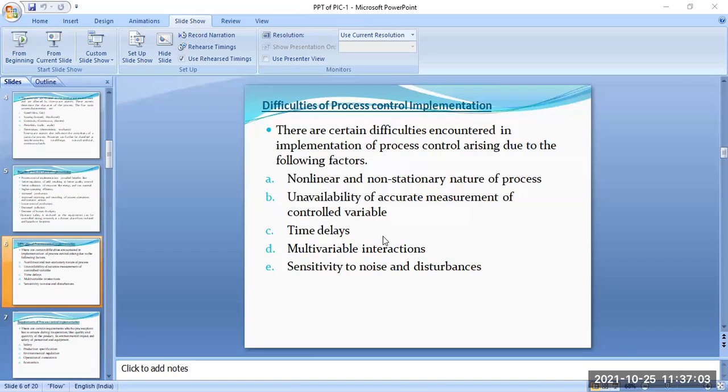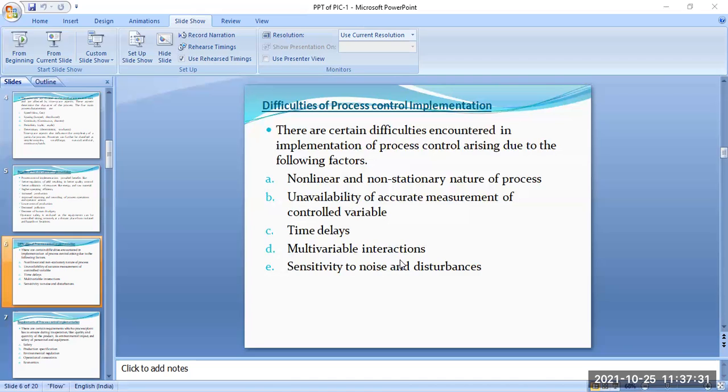These multivariables are being controlled and manipulated simultaneously. This interaction among the variables is unavoidable, and it makes the control task challenging to the engineers also. So for multivariable interactions, we have to use a particular domain or particular measurement of the process.